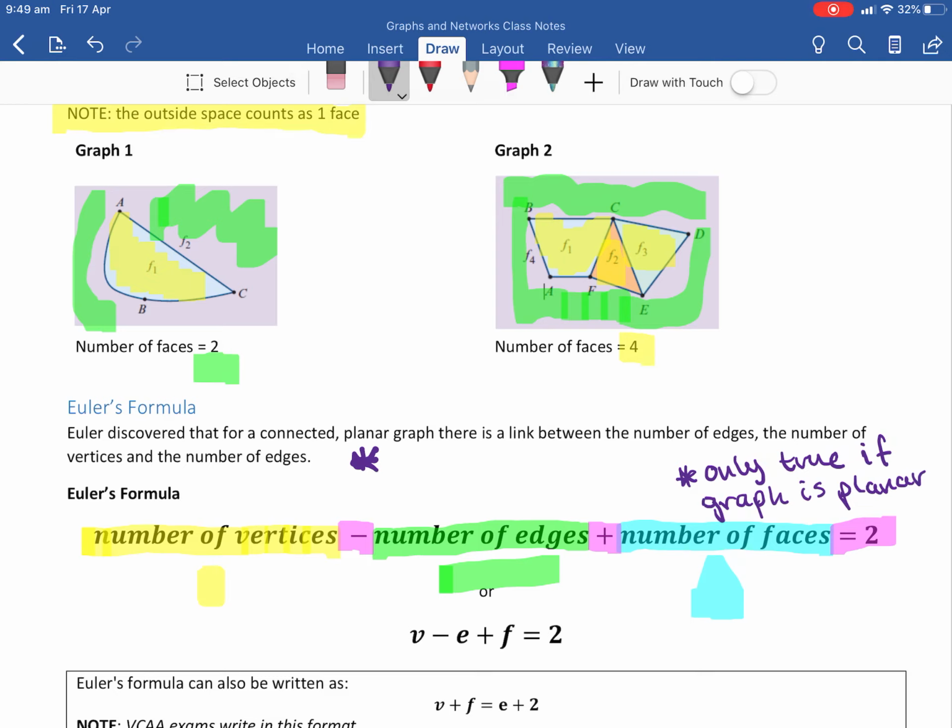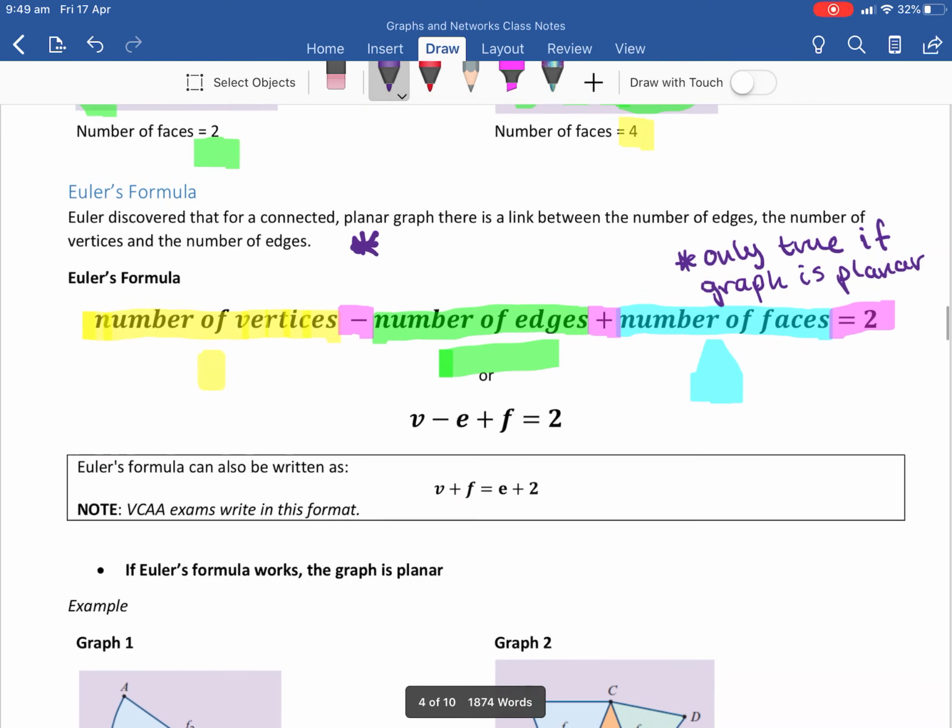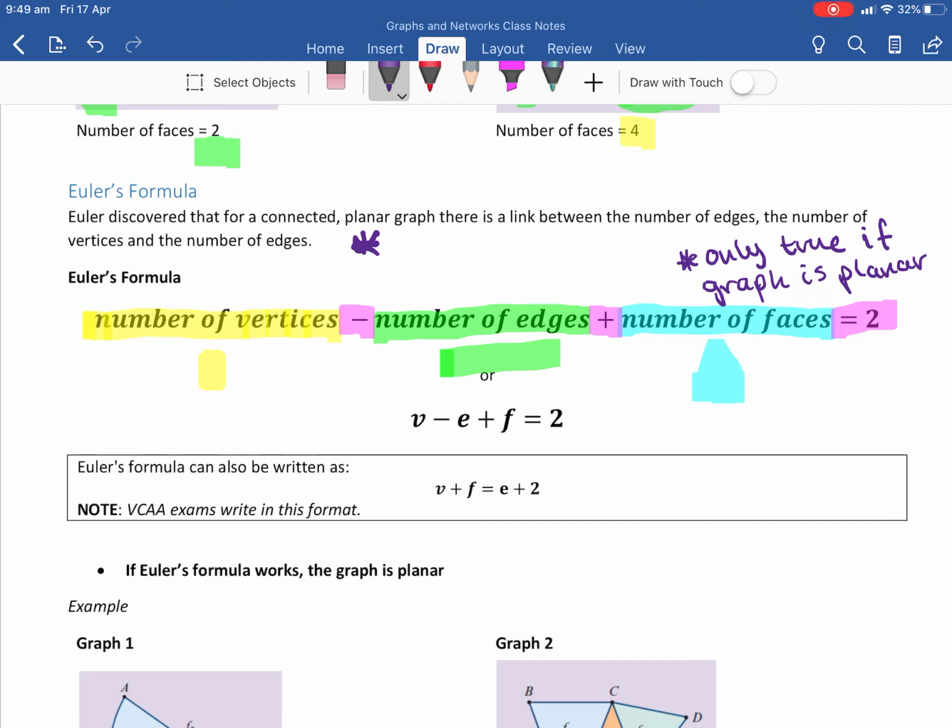And it's got to be connected, so there can't be any disconnected vertices, which we looked at yesterday as well. So there's a formula, which is here. We're just using the letters to denote the parts of the formula. So V is vertices, minus E for edges, plus F for faces, equals 2.